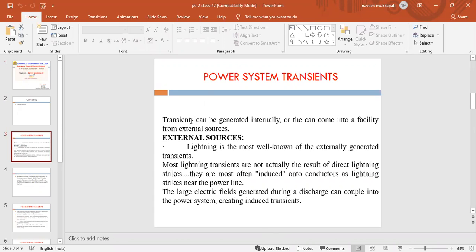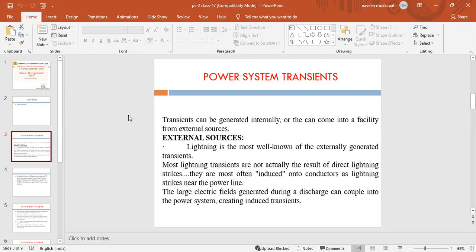Transients occur in a network containing energy storage elements, and the power system is one such network. Every network having energy storage elements like RLC circuit elements, when there is a change in the excitation, the current and the voltage change from one state to another state.